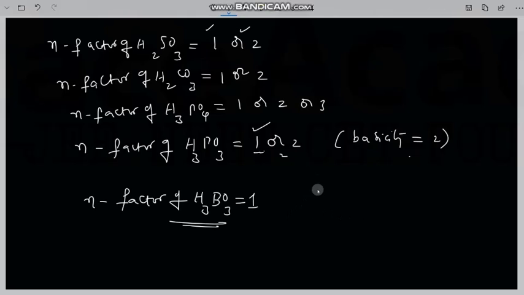What is the reason behind that? When this boric acid, B(OH) thrice, we can simply write it as B(OH)3.